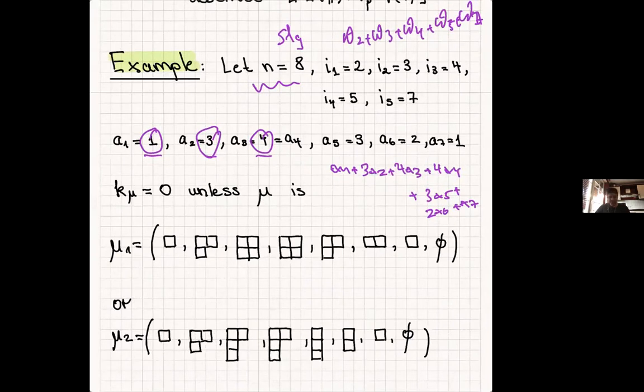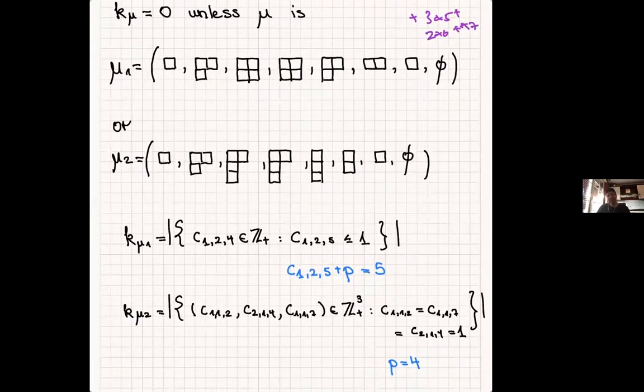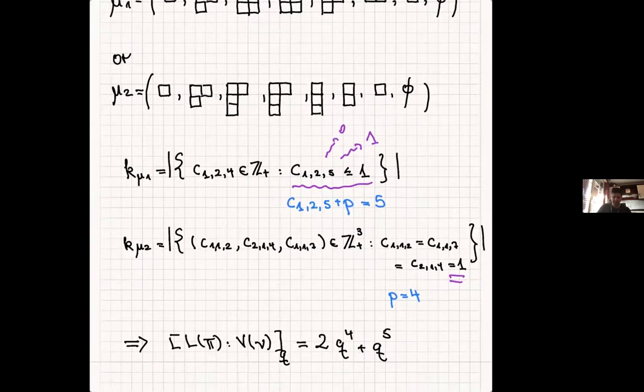In this case, you can show that the inequalities are given in this way. For example, you take c_{1..5} less or equal to 1. You can choose it 0 or you can choose it 1. And here you take all points, and all of them have to be equal to 1. Now if you write this down, then the multiplicity is 3, and 2 of them appear in degree 4, and 1 of them appears in degree 5.